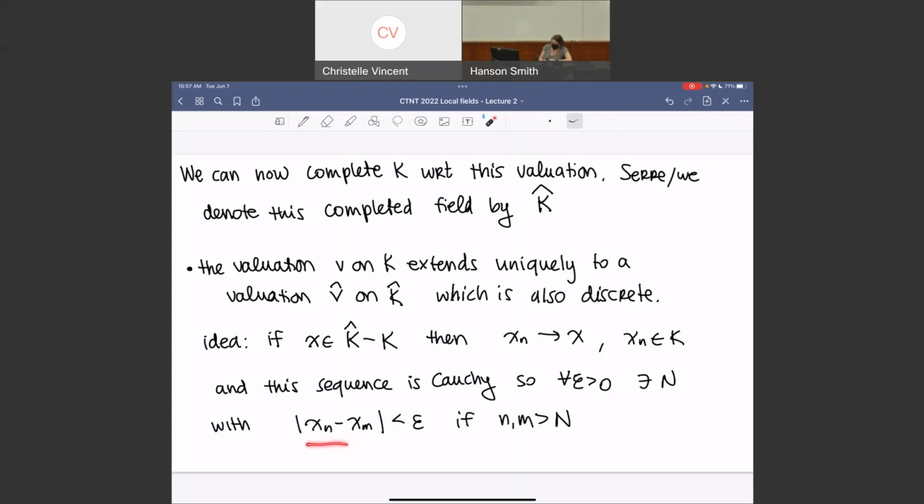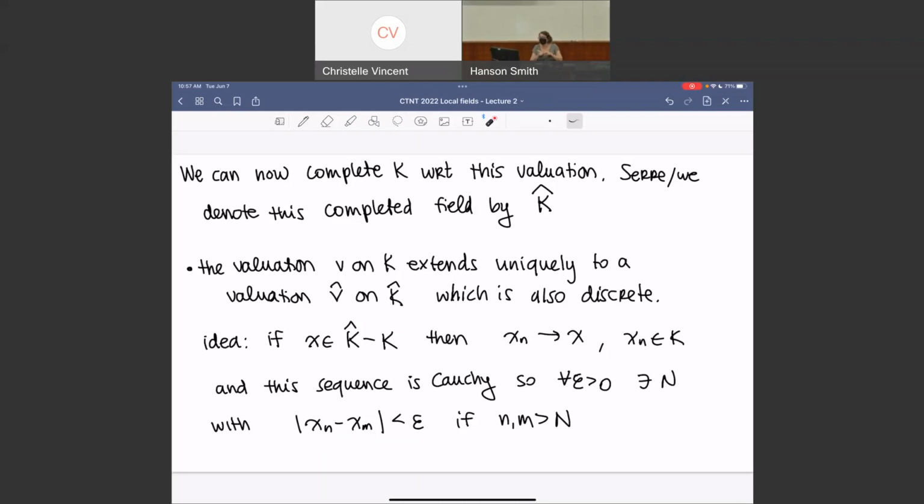Okay, the point is that because these are getting closer and you have a discrete valuation, eventually they all have to have the same valuation. And then you just say the valuation of the limit is that valuation that they eventually all have. So you can just define it like that. You're like, well, let's see how big the stuff is that gets to you. That's how big you'll be.